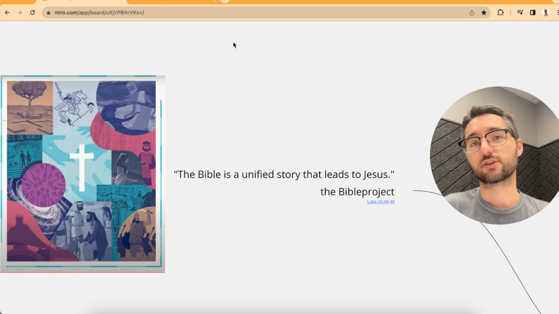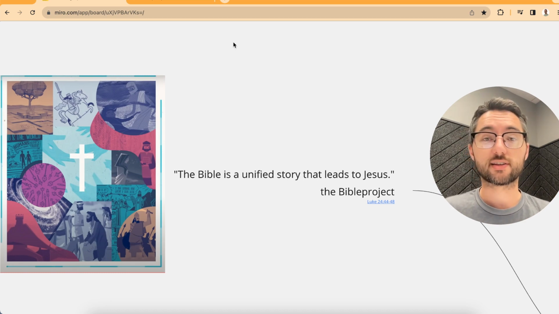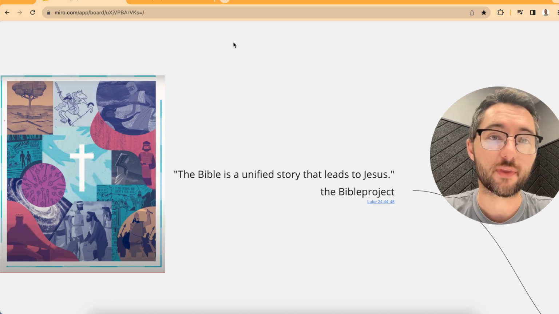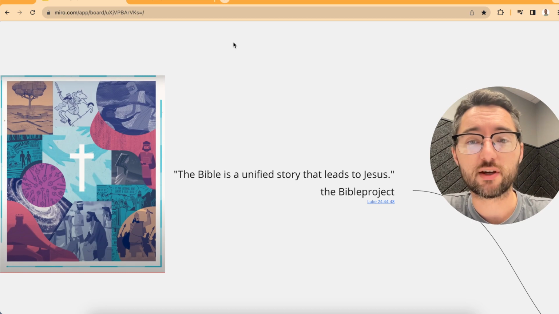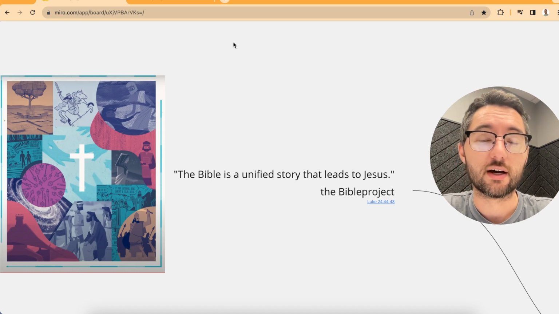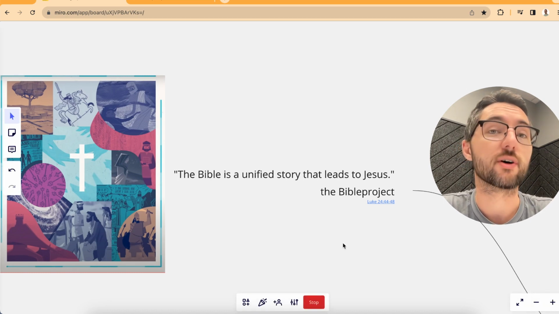So it's not just a collection of a bunch of books and stories, but it's actually intended to be one overarching story. And this isn't just a statement that the Bible Project came up with; according to Jesus' own words, it's actually in the Bible, which is where they are pulling this from.